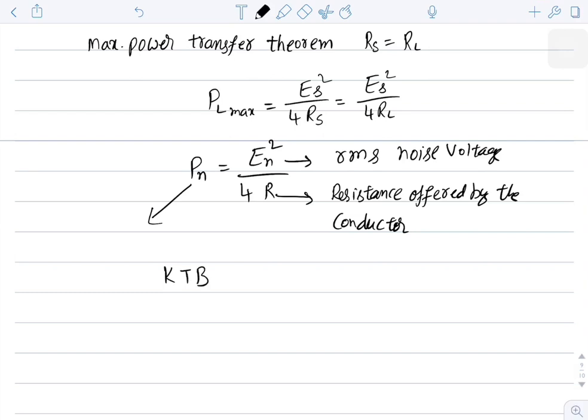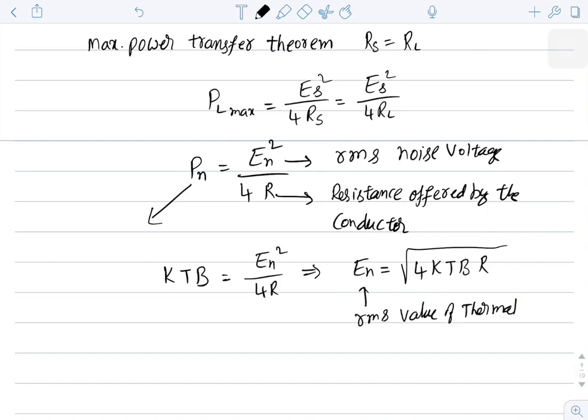And the noise power that is developed here is nothing but KTB, right? That is equal to En square by 4R. Rewriting this equation, En equals root over 4KTBR, and this is the RMS value of thermal noise voltage.